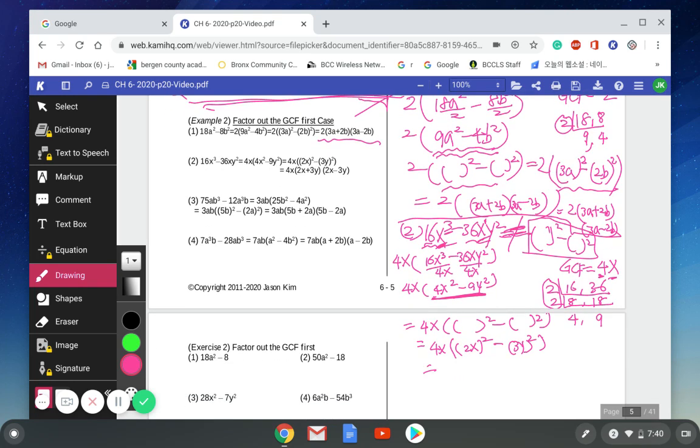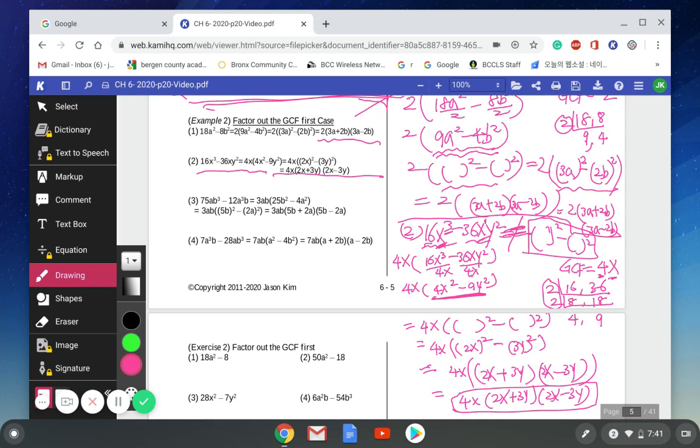And that becomes addition and subtraction: 2x plus 3y and 2x minus 3y. And you can just write it without the outside parenthesis as a final answer. So that's what the step in number 2 is.